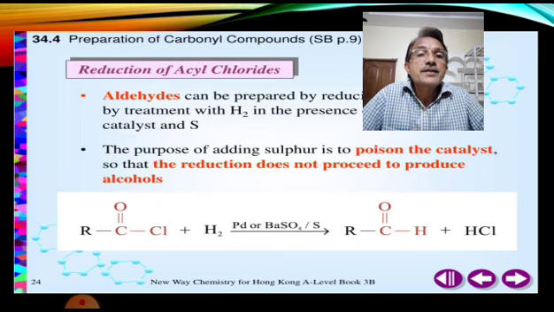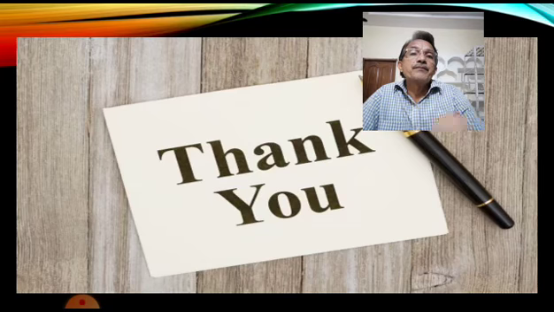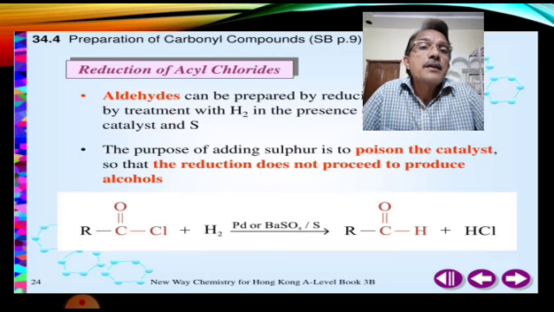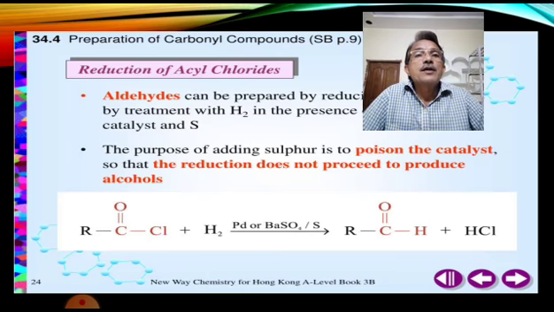So in this process, RCOCl becomes RCHO, meaning chlorine is replaced by H. Removal of chlorine is reduction, addition of hydrogen is also reduction. So acyl chloride is reduced to aldehyde. So by these methods we can prepare aldehydes and ketones.